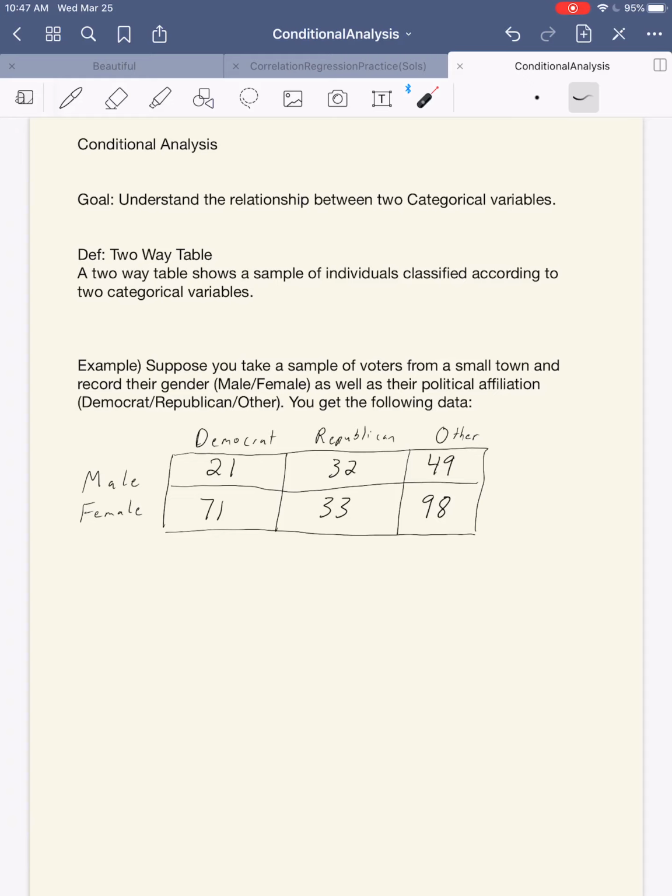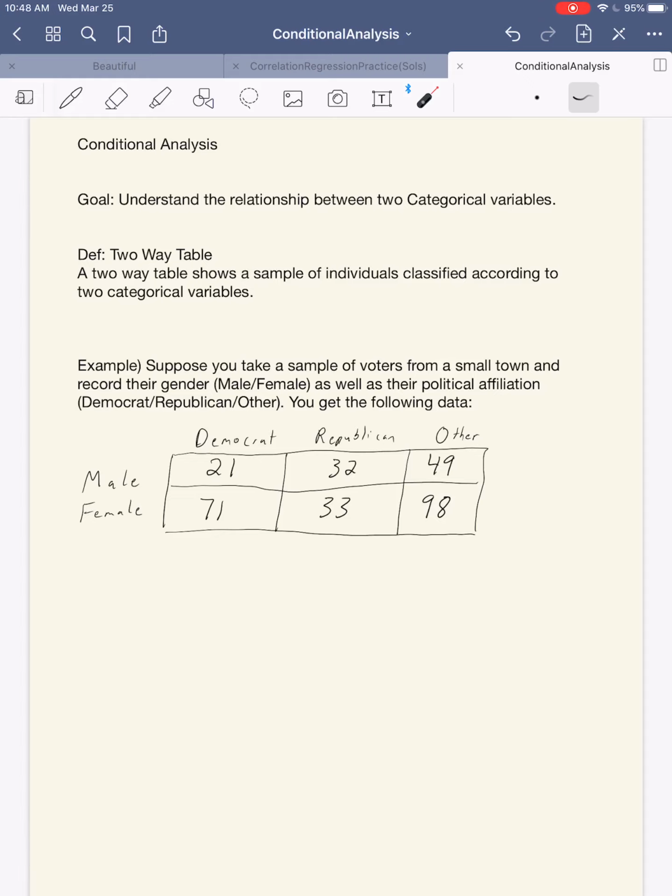So our example for this video is going to be that we take a sample of voters from a small town and we record their gender, so whether or not they were male or female, as well as their political affiliation. And we allow them to have the political affiliations of Democrat, Republican, and other. And of course, that other category is a big catch-all. Those could be independents, they could be Green Party members, libertarians, whatever, right?